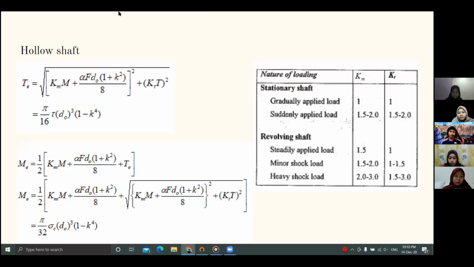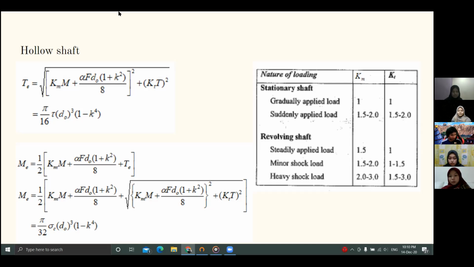For the bending moment, it equals pi over 32 sigma b, outer diameter cube, and 1 minus k power of 4. In this equation, the factors Km and Kt are used to account for the nature of the load.